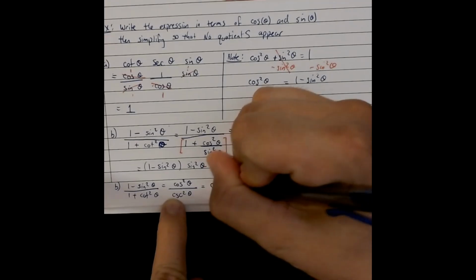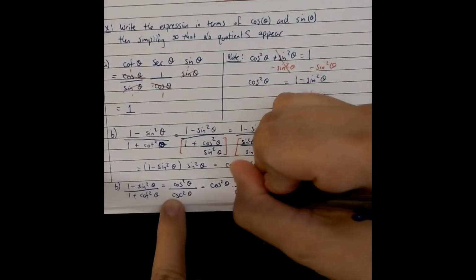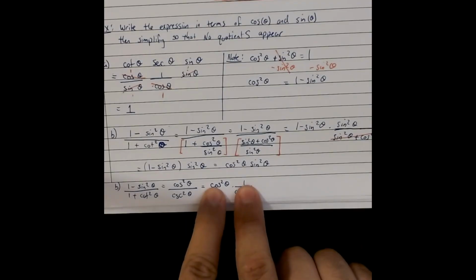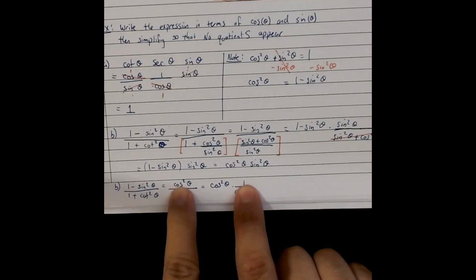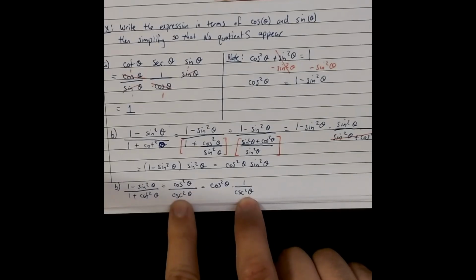Well, yeah, but then I can write this as the cosine squared of theta times 1 over the cosecant squared of theta. That means the same thing. 1 times cosine squared of theta gives me my previous numerator, and then this being the only denominator is the same as this.